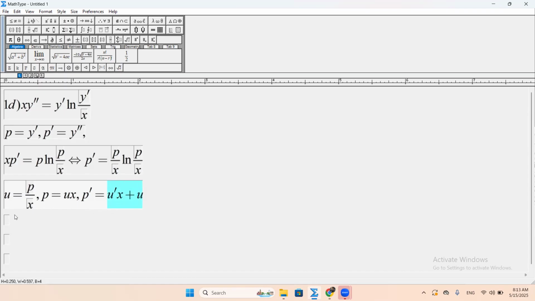Making one more substitution, u prime x plus u equals u logarithm of u.